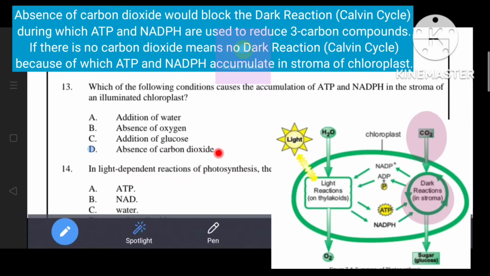If there is no carbon dioxide, means no dark reaction or Calvin cycle, because of which ATP and NADPH accumulate in the stroma of the chloroplast. That's why option D, absence of carbon dioxide, is the correct answer.